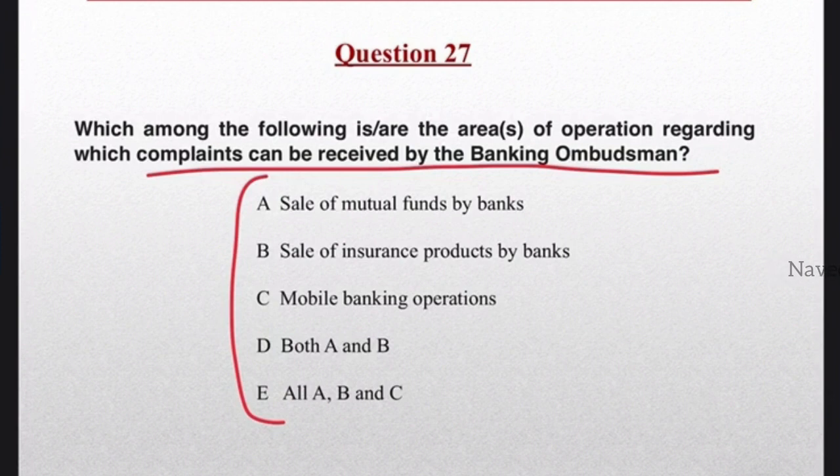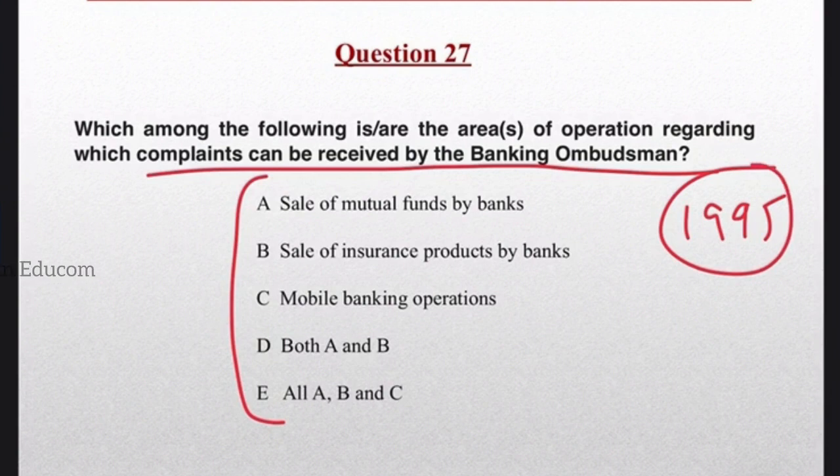It's always better to note it down. Try to take a notebook and write all these important points, because these are going to be very important for your upcoming examination. It was introduced in the year 1995 as per section 35A of the Banking Regulation Act 1949.